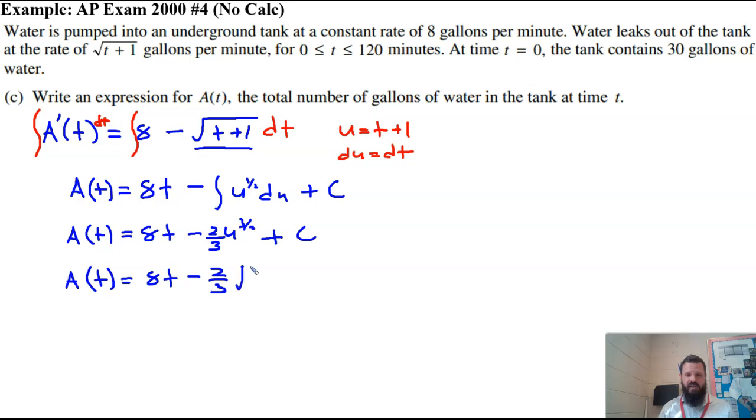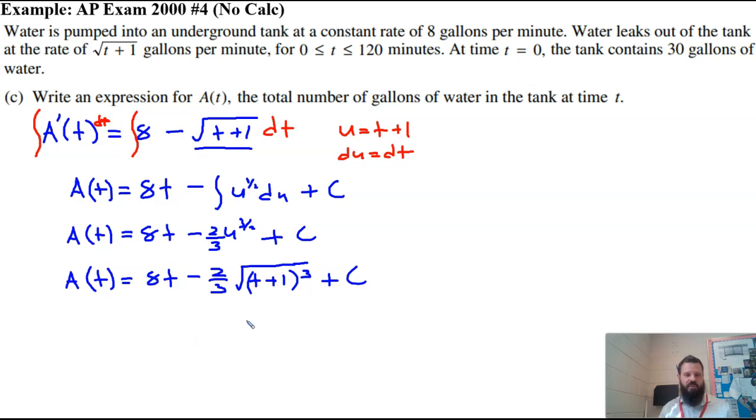It'll be a square root, because we have the 2 on the bottom, of t plus 1, all to the 3rd power, plus the c. All right, so there's my general antiderivative for this function here.